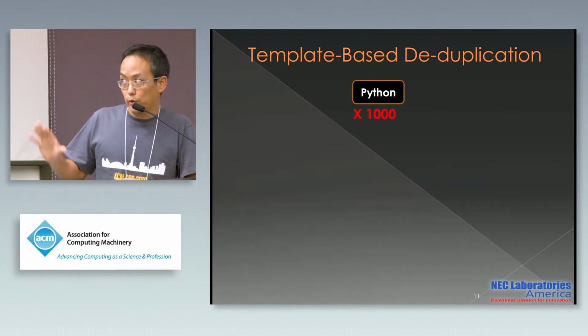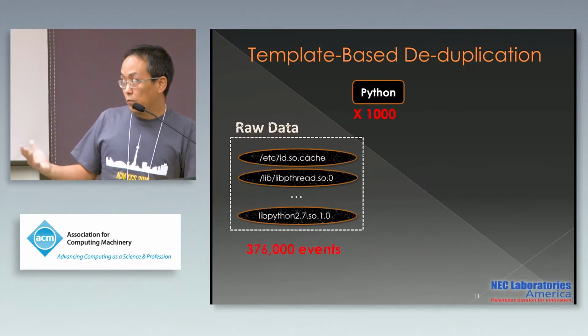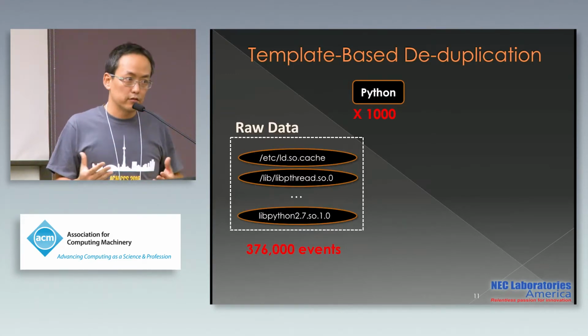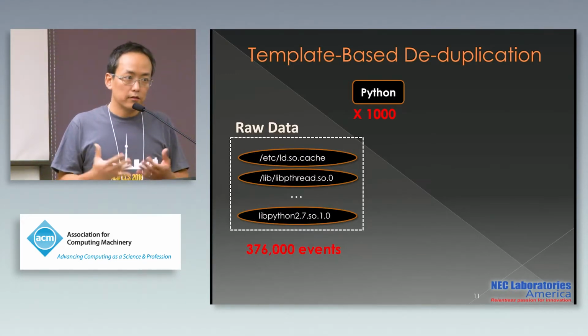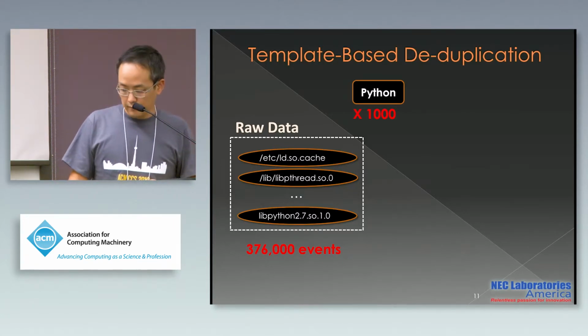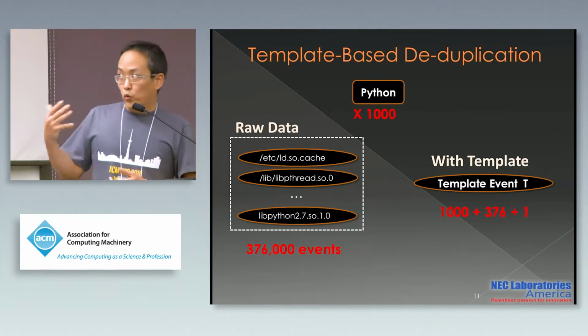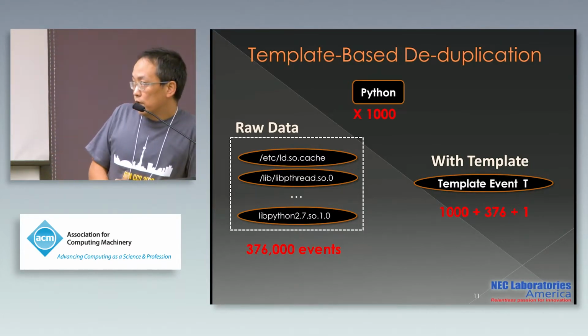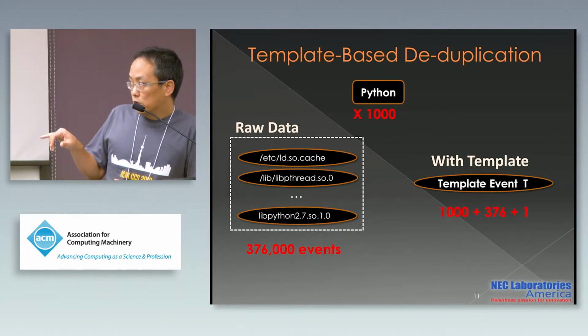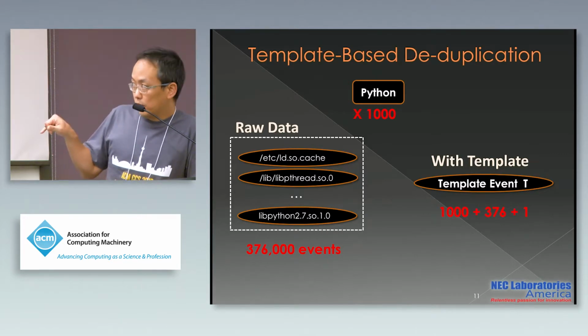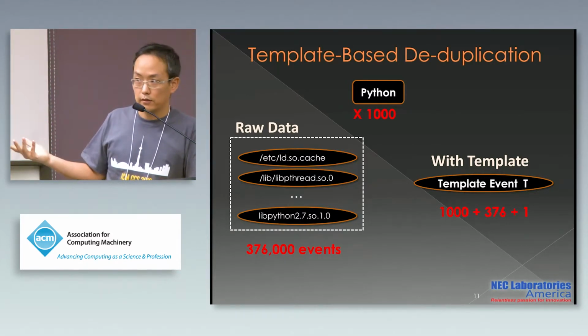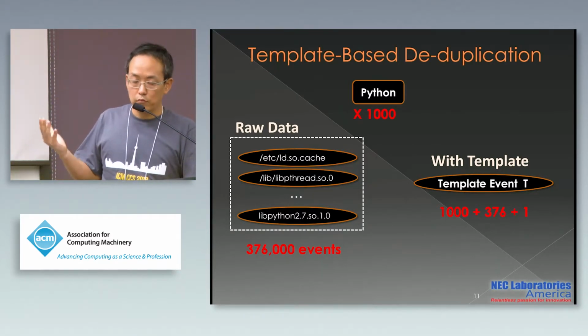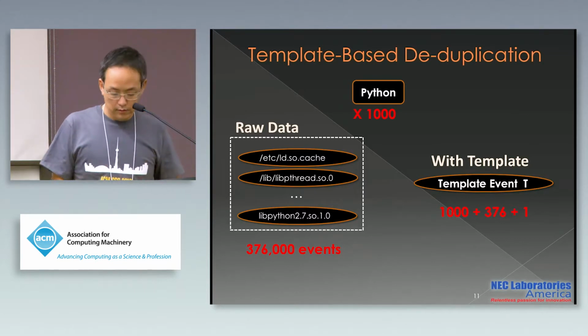Then what we have with the raw data is this amount of data pressure, the entries to the database. This is really a serious problem. This is too much duplicated data. With the templates, we can make it much smaller. Just make one template with 367 entries and then one reference, and it can simply repeat 1,000 times. This is a huge reduction that we can get with simple math.